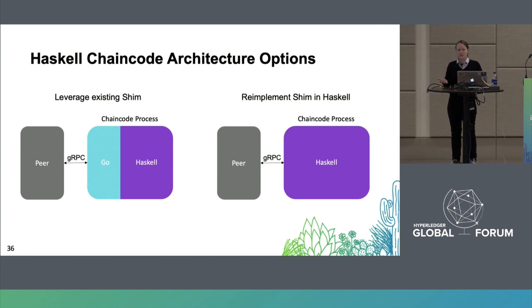And then because Haskell is such a strongly typed system, it would be required that the Haskell part of it would know about all of the type signatures of all of the stub methods. So we would have to implement that portion of it anyway. And then the Go and the Haskell would interact via function calls between them.